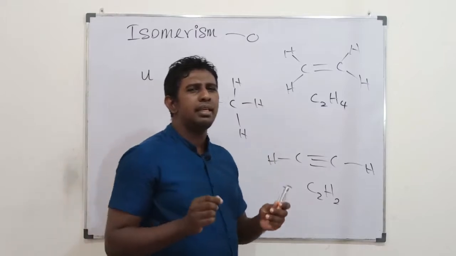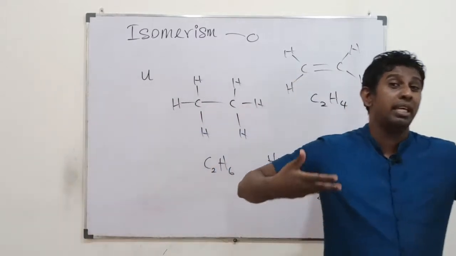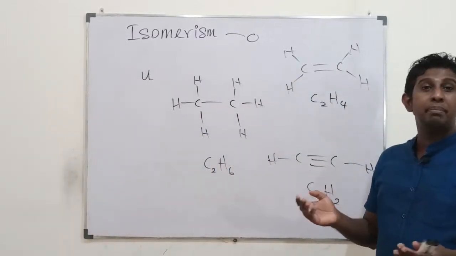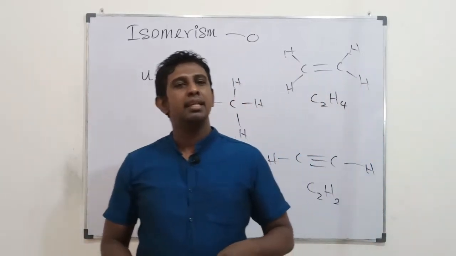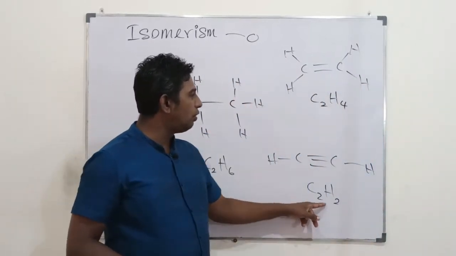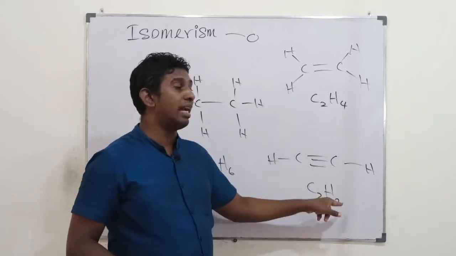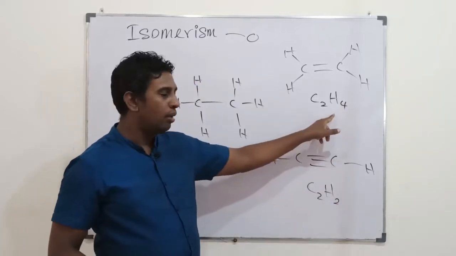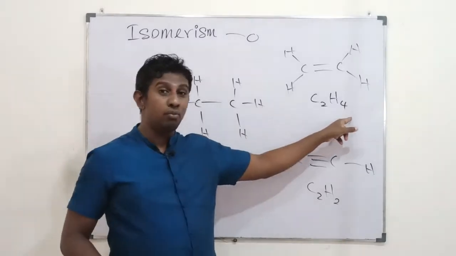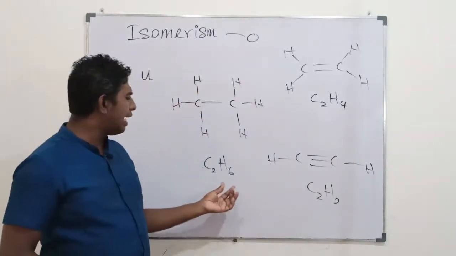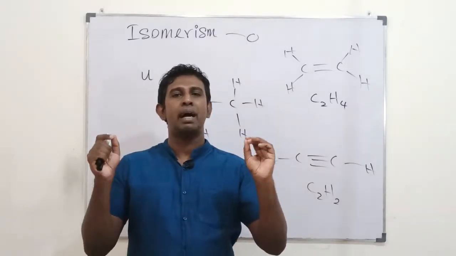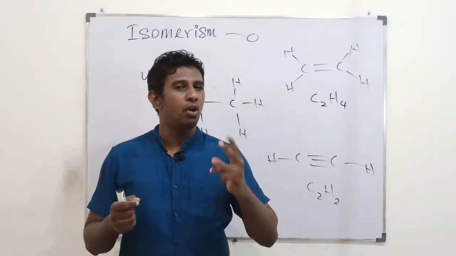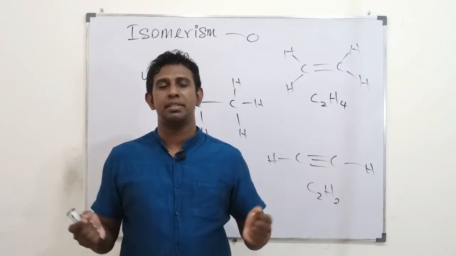Then when it is about 2 carbons, the maximum number of hydrogens that ever could be is 6. 4 is not the maximum because 6 is greater than 4. So you can't exceed this 6. 6 is the maximum number of hydrogens that ever could be for a 2 carbon containing substance.